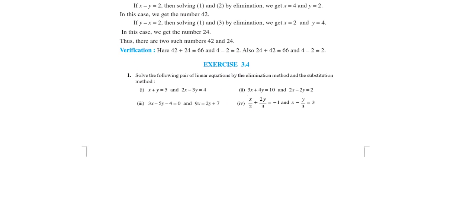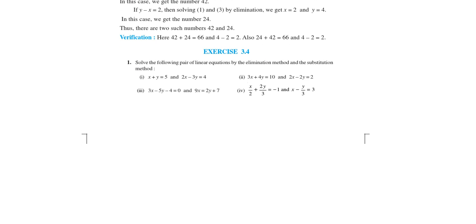So 3.4 says solve the following pair of linear equations by the elimination method and substitution method. Now there are two methods mentioned. We'll be only doing elimination method. We'll not do the substitution method in 3.4 because we already learned that in the previous exercise, so we are not going to do substitution method. We'll only do elimination method, right?